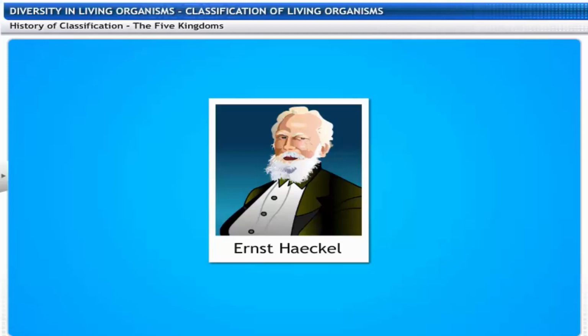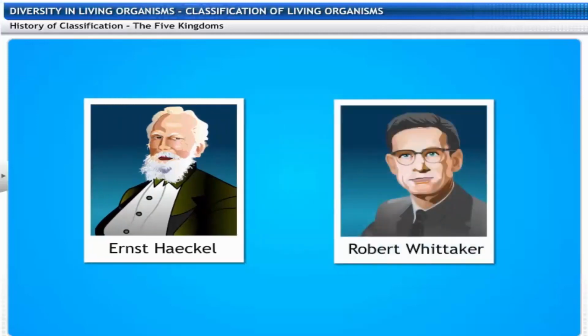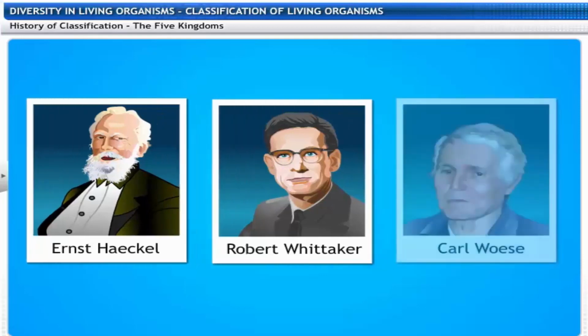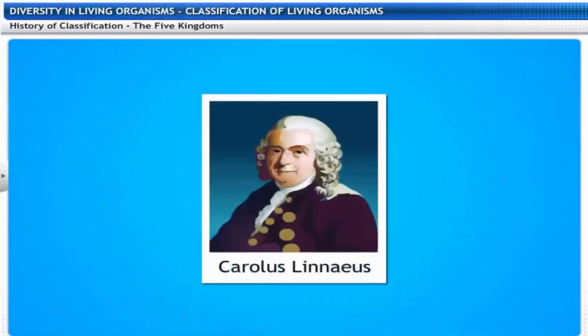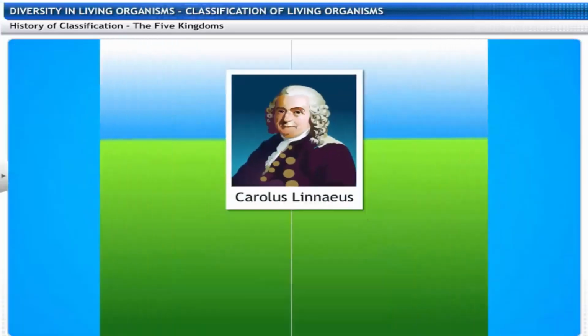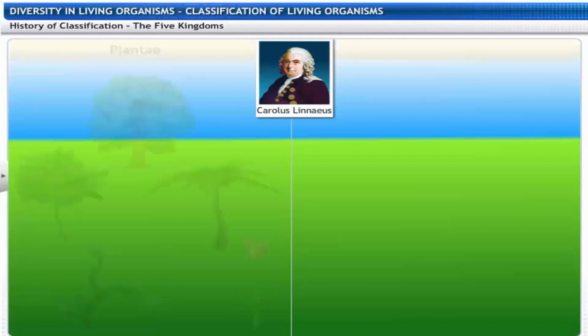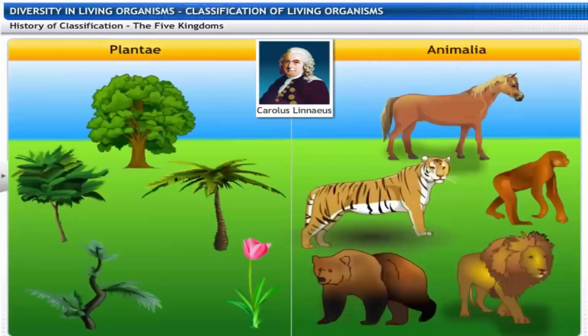Biologists such as Ernst Haeckel, Robert Whittaker, and Carl Woese have tried to classify living organisms into broad categories called kingdoms. Carolus Linnaeus classified all the living organisms as Plantae and Animalia.